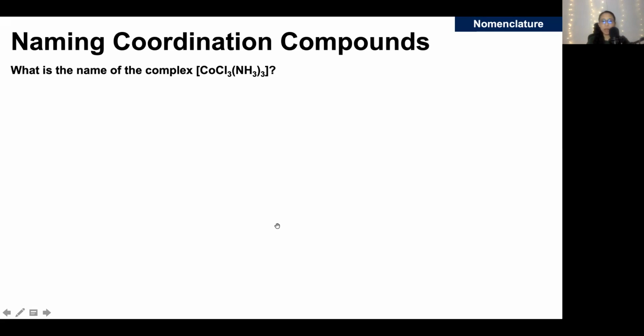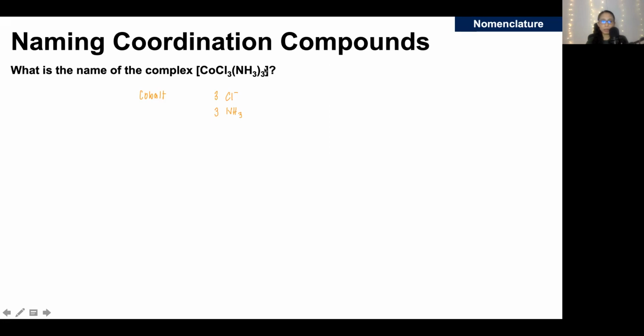So now let's try to answer this very simple problem. What is the name of this complex? So first, again, we've identified cobalt. Cobalt is the metal center. The ligands, we have chloride, and we also have ammonia. 3 chloride, 3 ammonia.